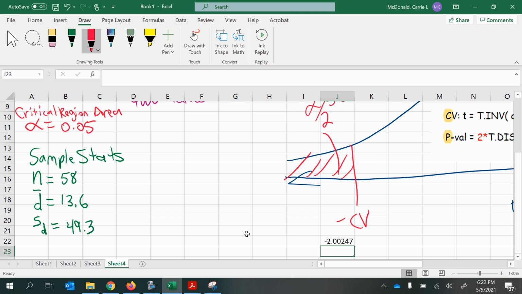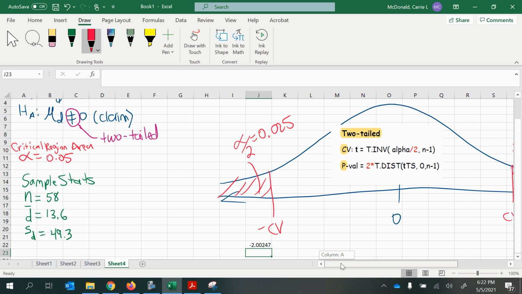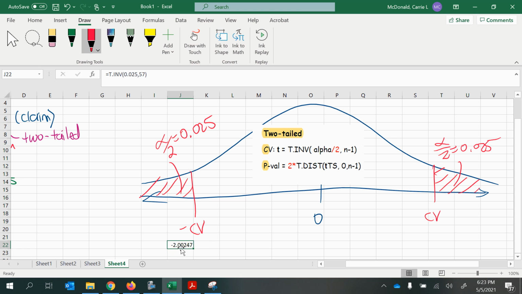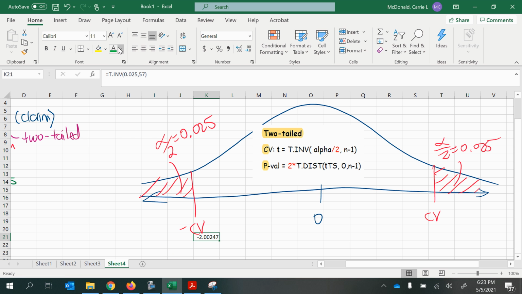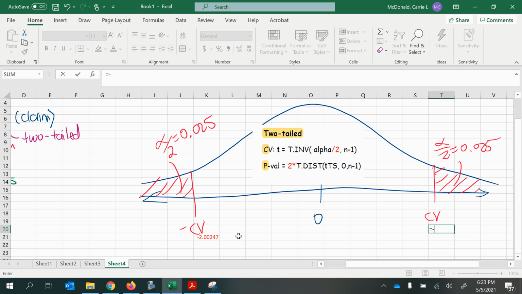So there is our critical value. It's negative like it should be. Make sure you're always paying attention to if the signs match what your picture is saying, okay? And then you would have the positive one over here, twin brother, just positive. All right, and we're done with our critical region.